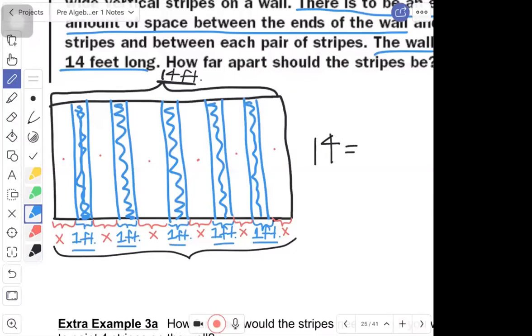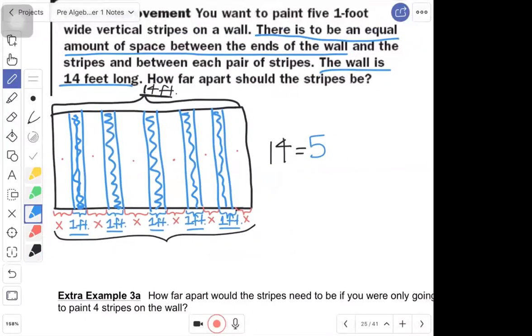So we know that the stripes take up 5 feet of this 14 feet. And the rest of this wall is the spaces between the stripes and the wall that we're trying to figure out, our X here. And we have 1, 2, 3, 4, 5, 6 X's. So our wall is 14 feet long, which is made up of our 5 stripes and the 6 spaces between them.